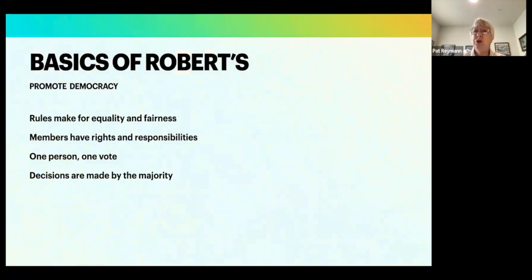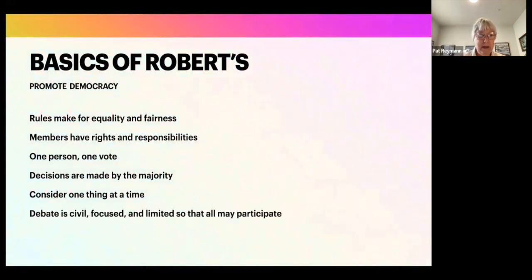Decisions are made by the majority, not by that person who talks the longest and the loudest and twists everybody's arm. We consider one thing at a time so that there isn't chaos, so that we can focus and keep our mind on one thing that we decide and then go on to something else. Debate is civil. We treat each other with as much kindness as possible.